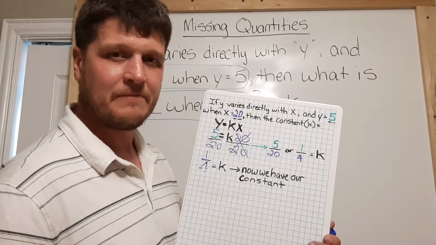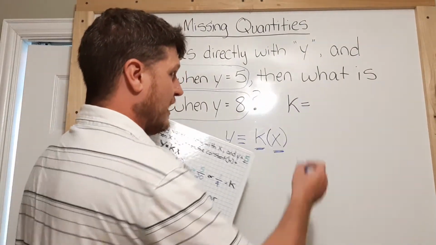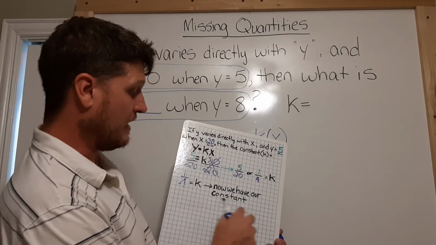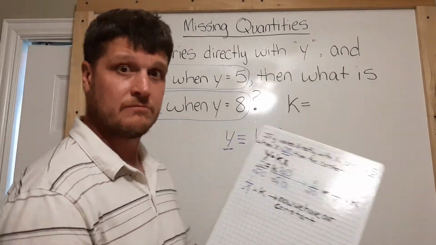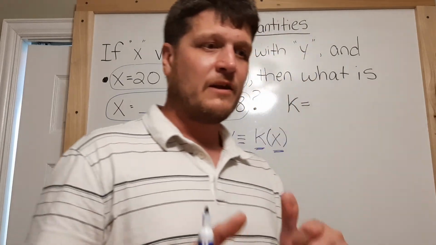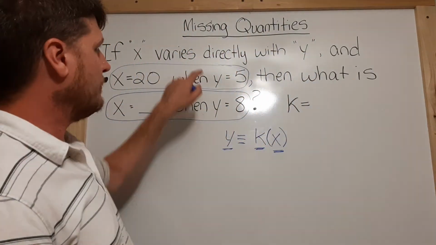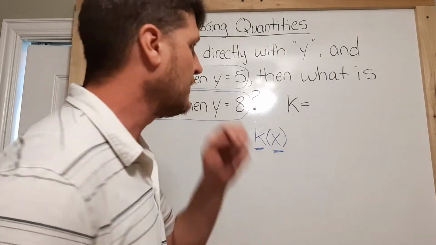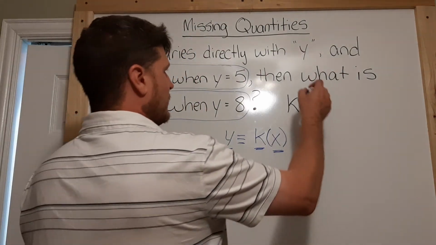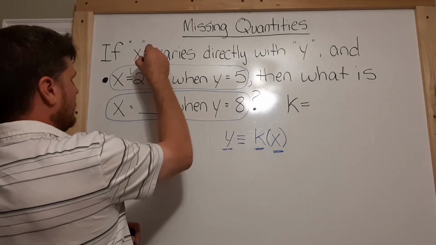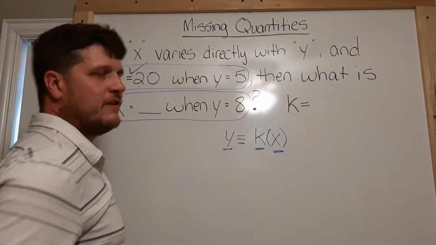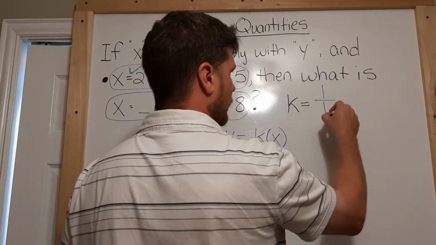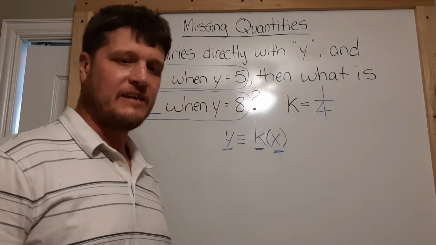All right? Good. Now we have our constant. So half of this problem is already solved, okay? Half of it. So we're going to click check mark. We've done that half, and we're going to put k equals 1/4. All right, k equals 1/4.